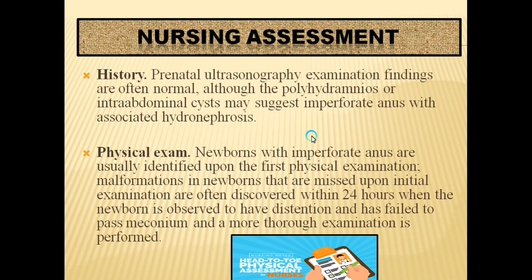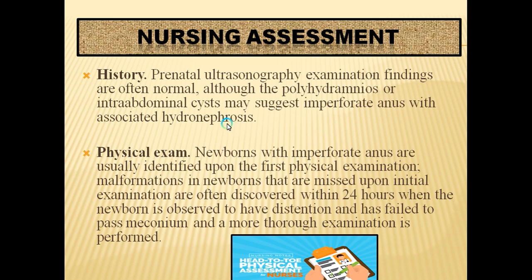Now this nursing assessment. Okay, so prenatal ultrasonography examination findings are often normal, although there may be history of polyhydramnios. Polyhydramnios means a large collection of amniotic fluid, or there may be an intra-abdominal cyst. So this may suggest imperforate anus with associated hydronephrosis.